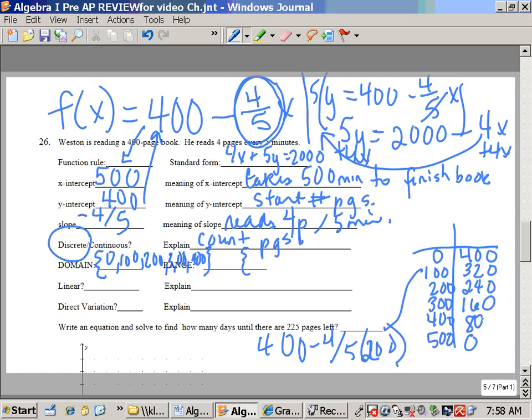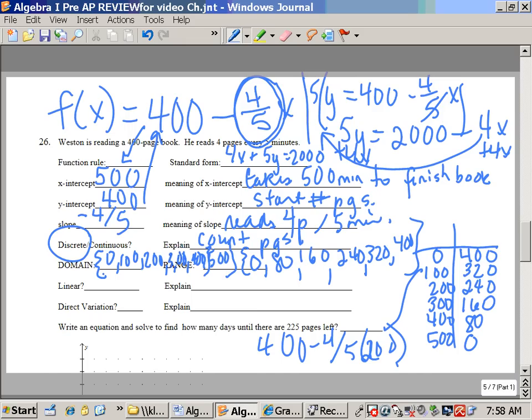So yeah, those minutes, I had those 2 backwards. Okay, is it linear? Oh wait, time out. My range is going to be in order 0, 80, 160, 240, 320, and 400. It's the range that can't go over 400. And I should have my domain. I should have a 500 here, shouldn't I?